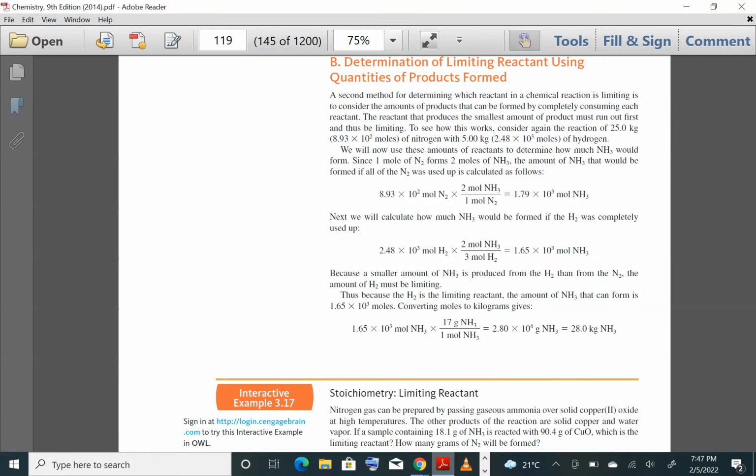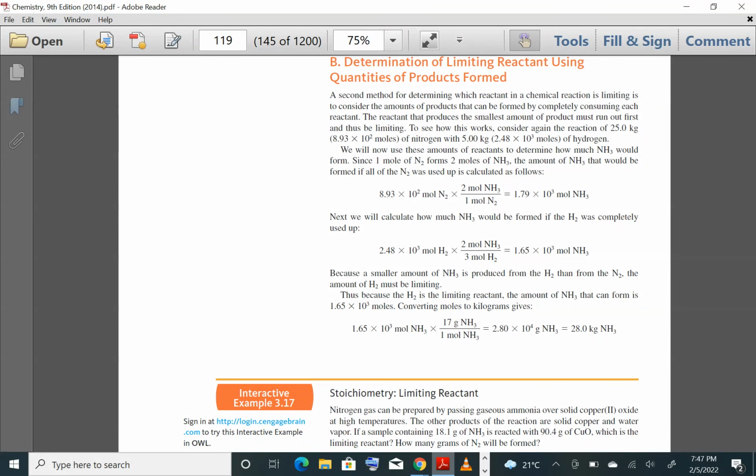So let's now look at this particular example so that we can explore this, and then we can talk about percentage yield. The example is: nitrogen gas can be prepared by passing gaseous ammonia over solid copper(II) oxide at high temperatures.